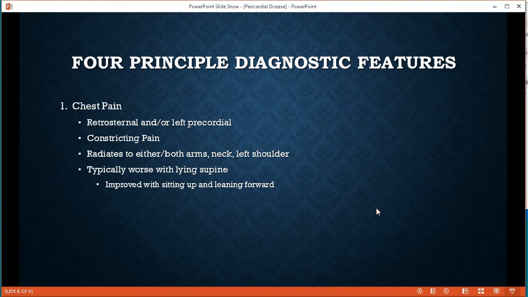So the first thing we're going to talk about is chest pain. Obviously, there are several reasons people can have chest pain. So what are the unique characteristics of chest pain for pericarditis? Well, it could be retrosternal, it could be left precordial. It could be a constricting pain, especially if they have some constrictive effect of their pericarditis. It can radiate to both arms, the neck, or the left shoulder. It can certainly be worse lying down, whereas when they're sitting up, the pain typically feels better.